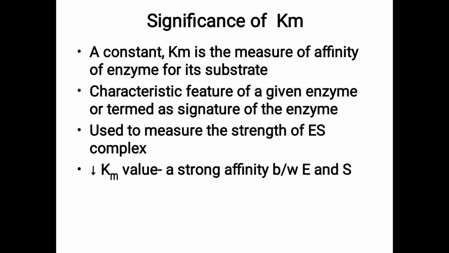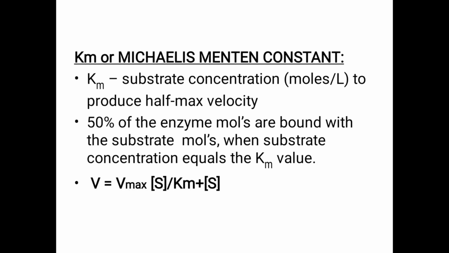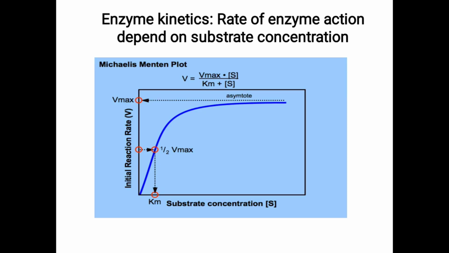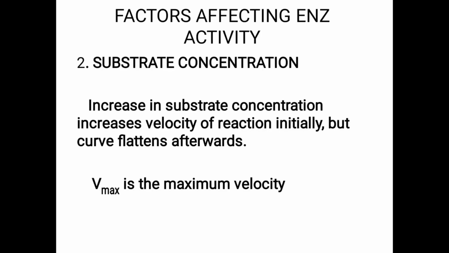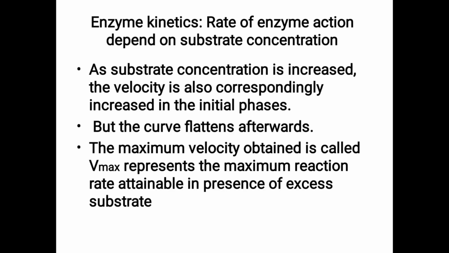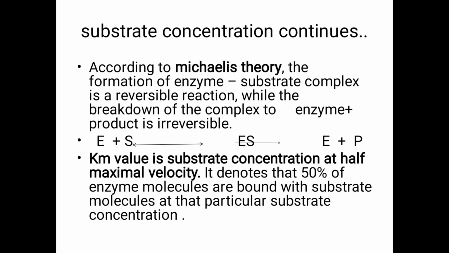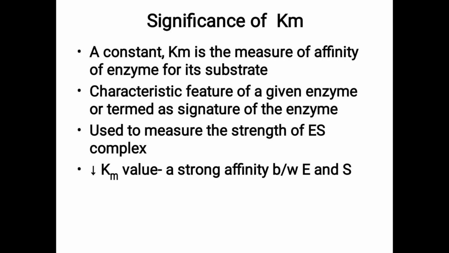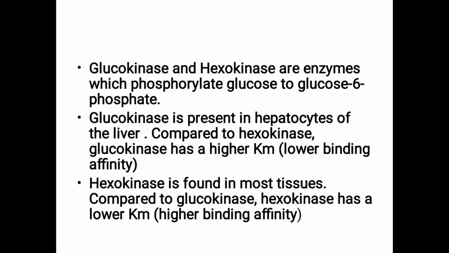If Km value is less, there is a strong affinity between enzyme and substrate. Why? Because see the definition. Go back 2-3 times and see the definition, you will understand. Km value is the substrate concentration at half maximum velocity. So decrease in Km value shows a strong affinity between enzyme and substrate.